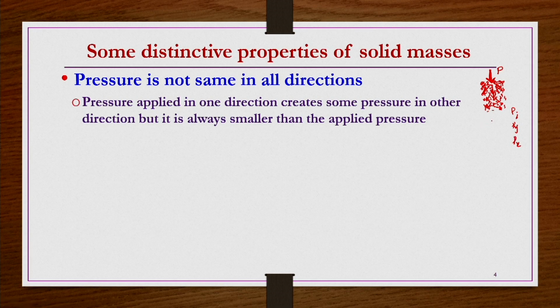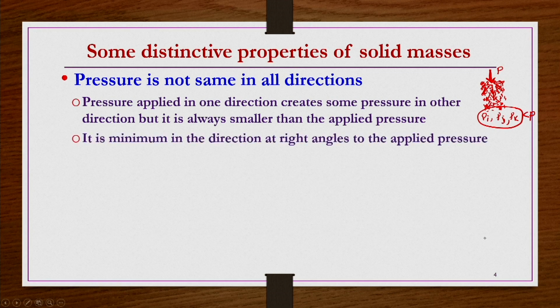So, this Pi, Pj or Pk, whatever they are, are smaller than the applied pressure P. All of these are smaller than the applied pressure P in general.